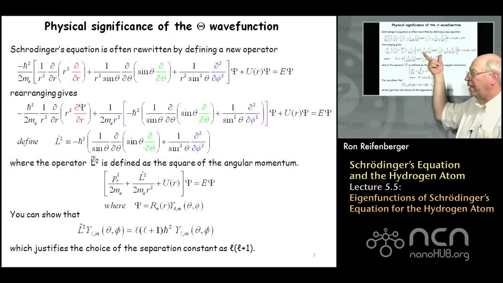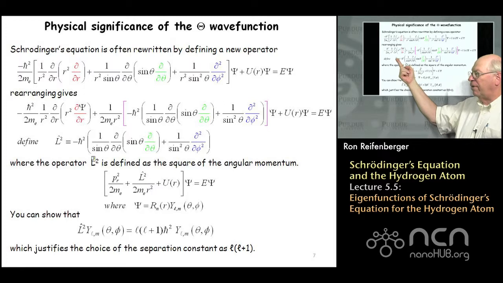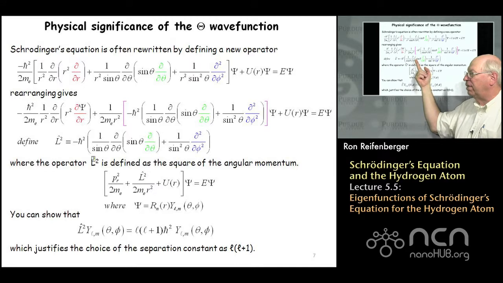This term is often defined as an operator, L squared. You know L is an operator because it has that little symbol above it that signifies an operator. By making this definition, you can substitute this operator L squared back into Schrödinger's equation.